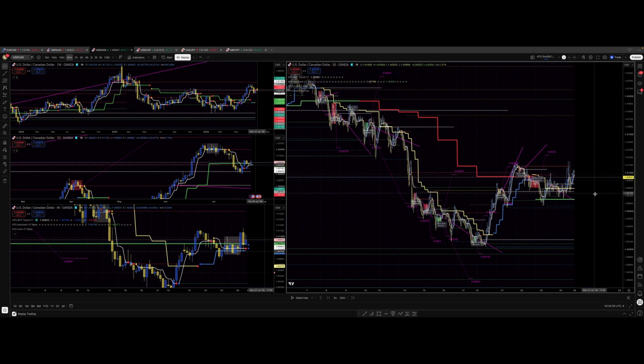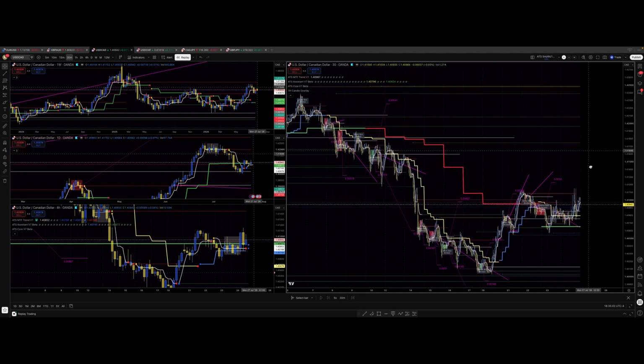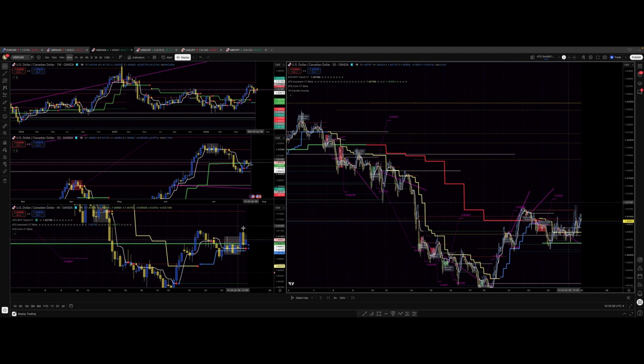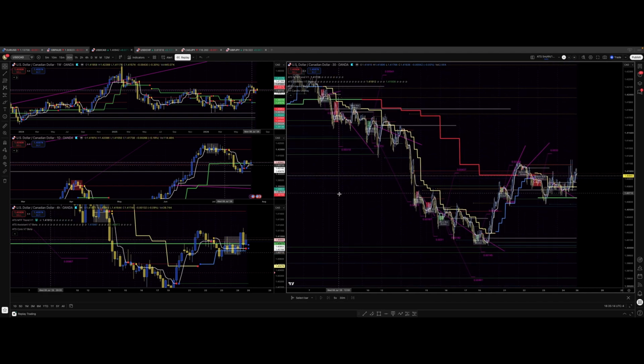If it pops back down here, I might take a small entry with a stop loss down in this area, with the hopes that it will come up, interact with a lot of this liquidity here, maybe test the top of this candle again, or at least the top of the box. So that's probably where I'd be looking.